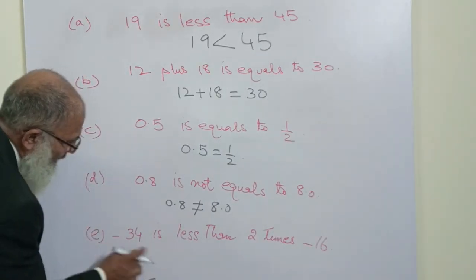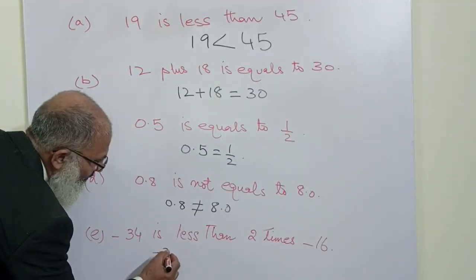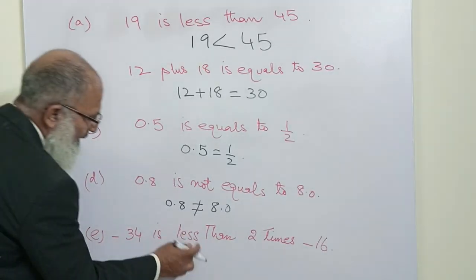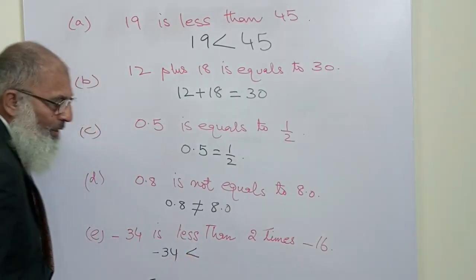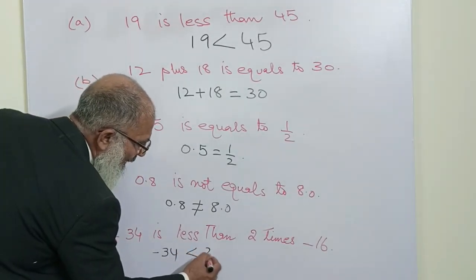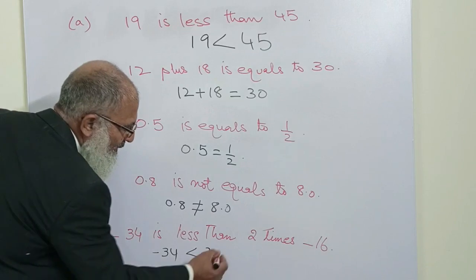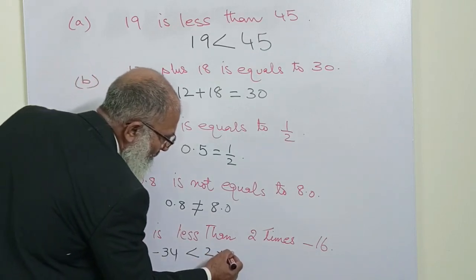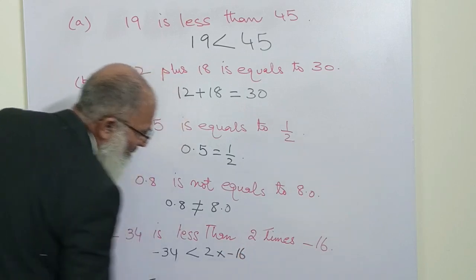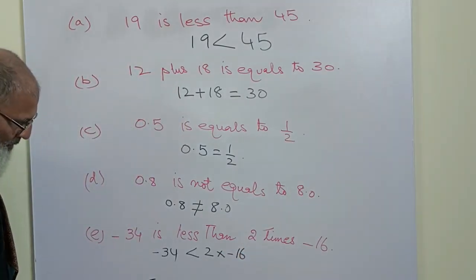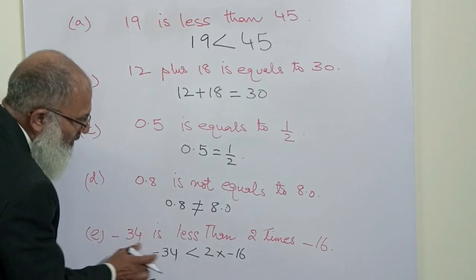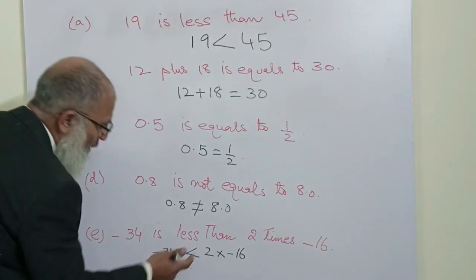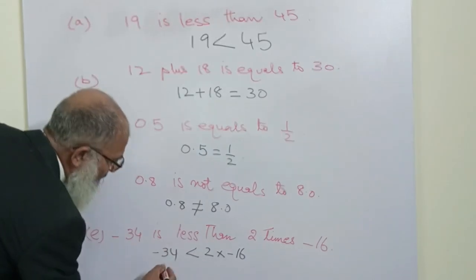Minus 34 is less than 2 times 16. Here, 2 times means multiplication, so minus 16. Okay, so this is our answer, but just as a matter of fact, I am going to solve this further.